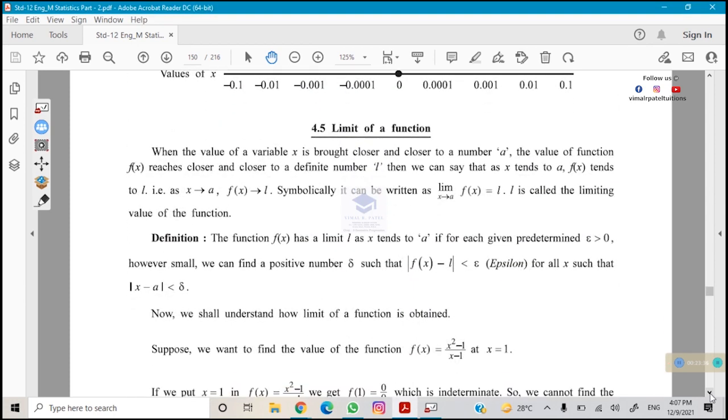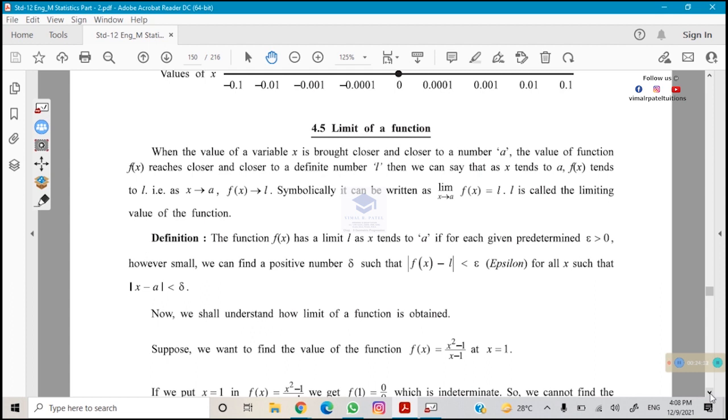Now, limit of a function. The function f(x) has a limit L as x tends to a, if for each given predetermined epsilon greater than 0, however small, we can find a positive number delta such that in modulus form f(x) minus L less than epsilon for all x such that x minus a less than delta.